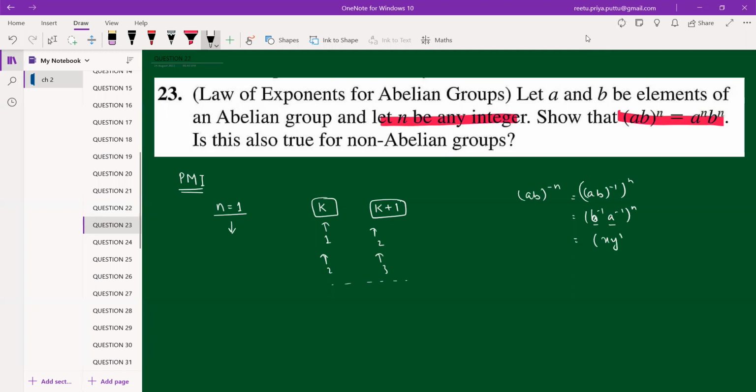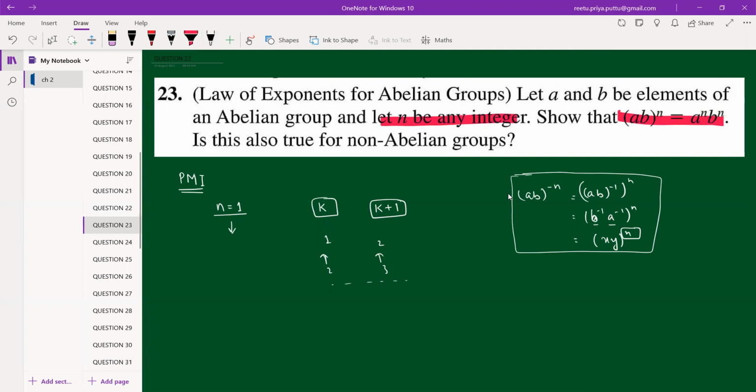So we can write it as (xy) to the power n. Now this becomes a positive integer or natural number. So we can use this definitely for proving all the integers. So we just have to show this much: for n equals 1, for k we will consider, and for k plus 1 we will show.